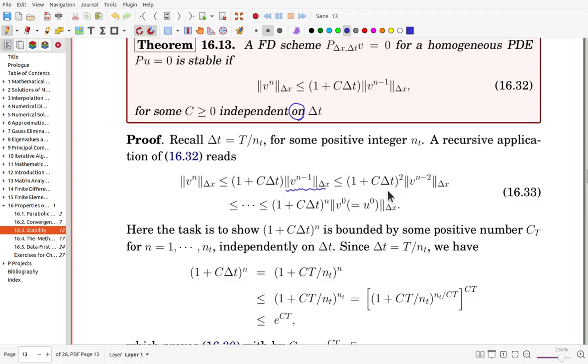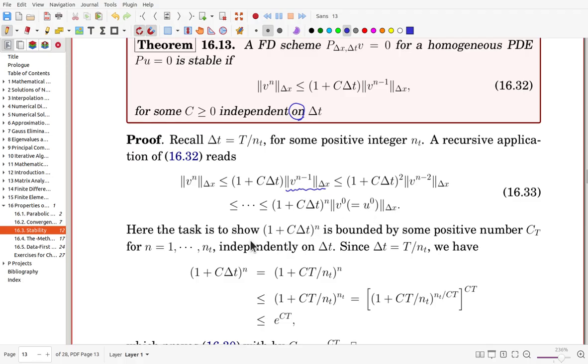In this way, we apply this inequality recursively, then we arrive at this final term, (1 plus C delta t)^n times the grid L2 norm of V^0. But that is the same as the initial condition.